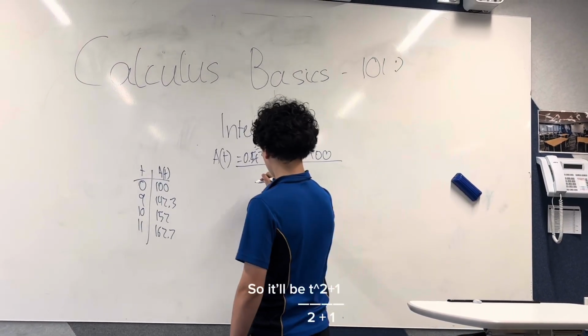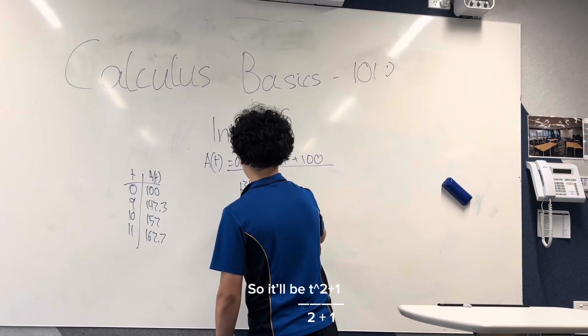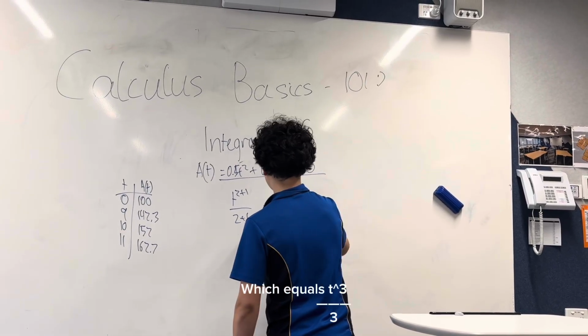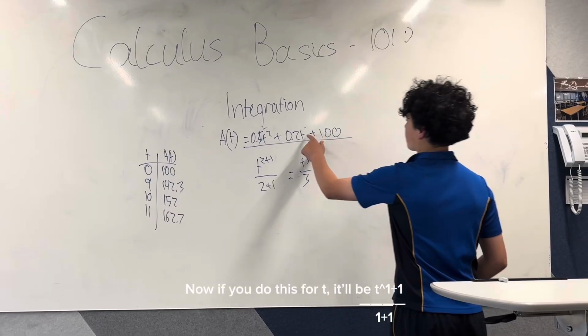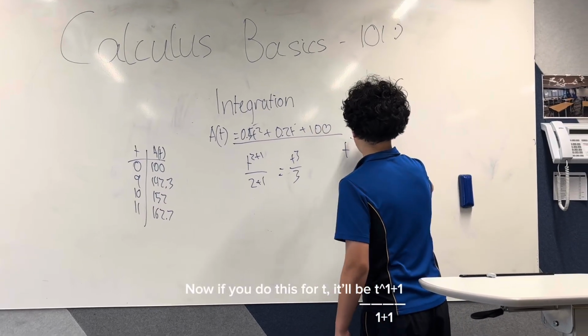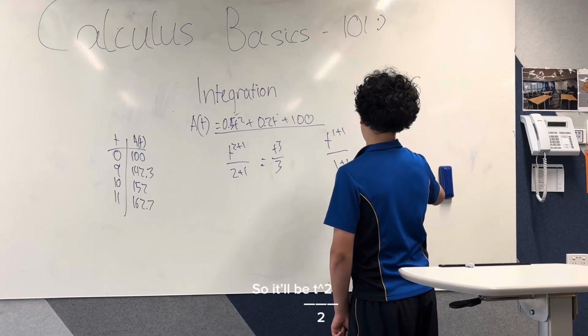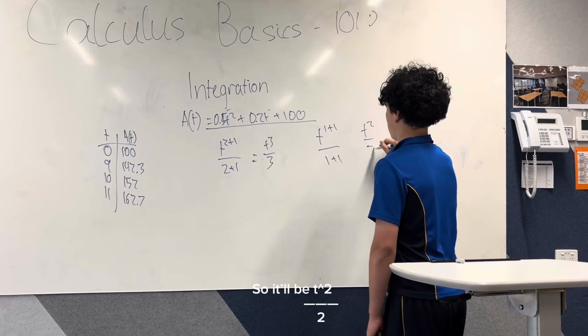So it'll be t squared plus 1 over 2 plus 1, which equals t cubed over 3. Now, if you do this for t, it'll be t to the 1 plus 1 over 1 plus 1, so t squared over 2.